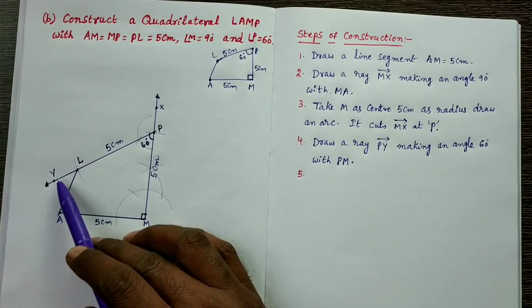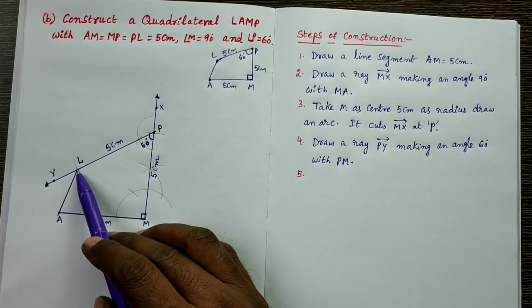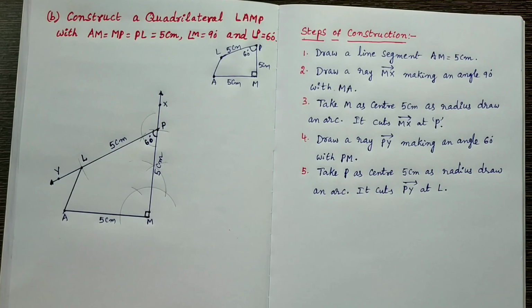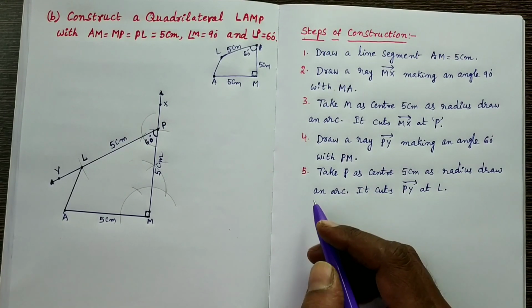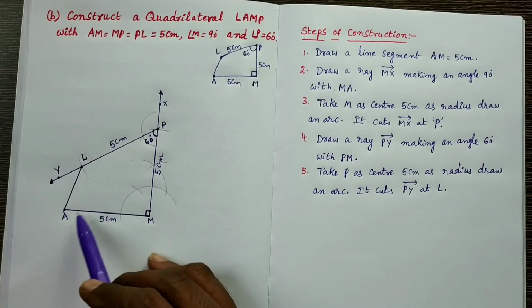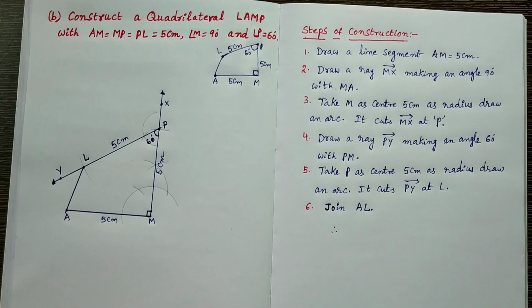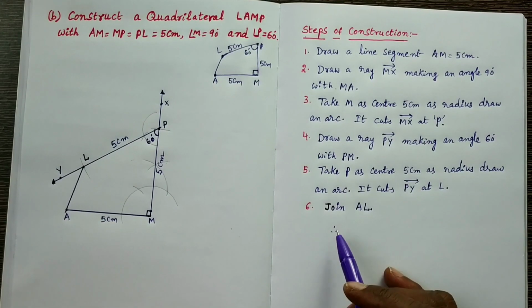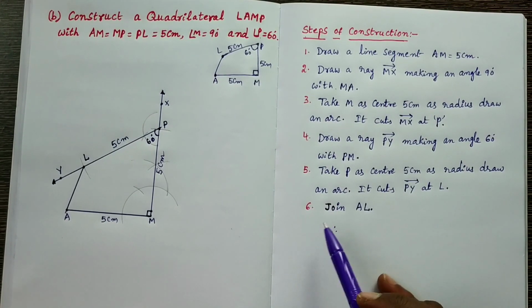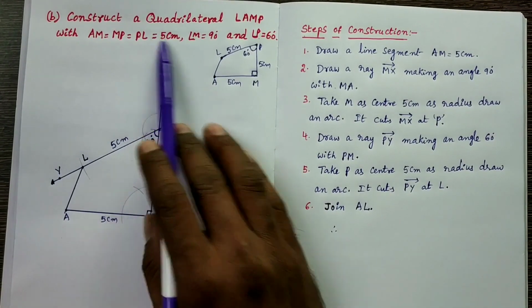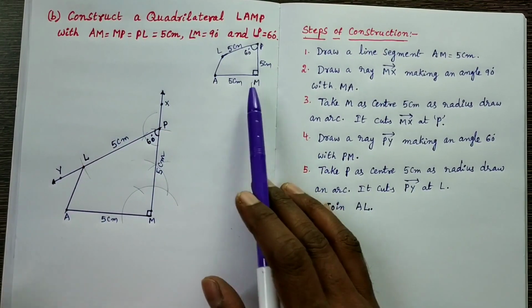It cuts the ray PY at L. The next step is join AL. Therefore, the required quadrilateral LAMP is constructed.